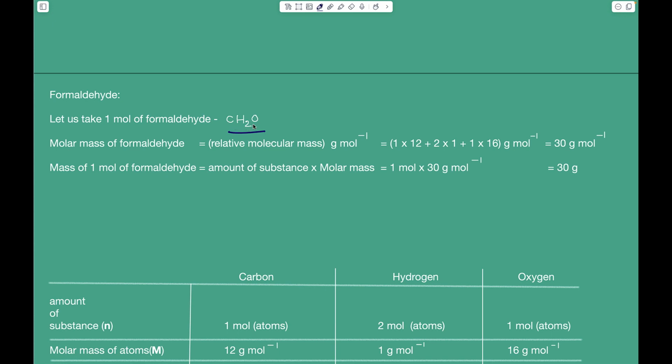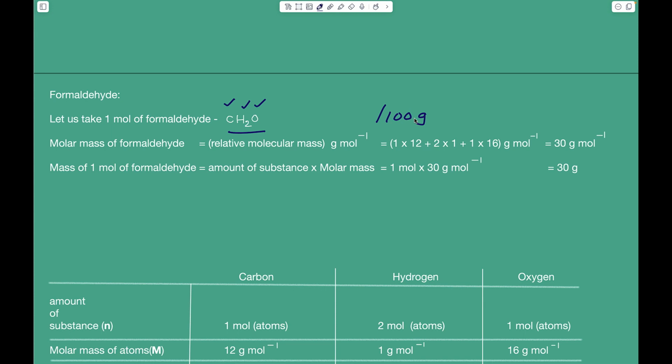It is CH2O. From this molecular formula, we understand that formaldehyde consists of three different elements, namely carbon, hydrogen, and oxygen. To find out the percentage composition of this compound, we have to calculate the masses of each of these three elements present in 100 grams of formaldehyde.